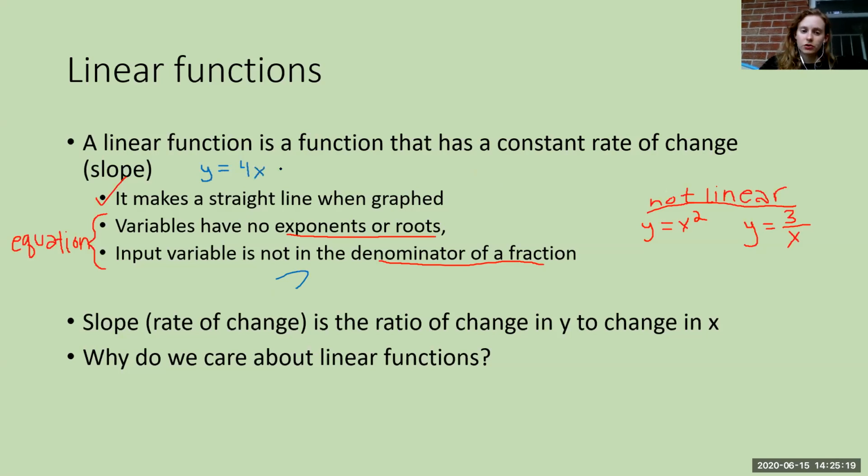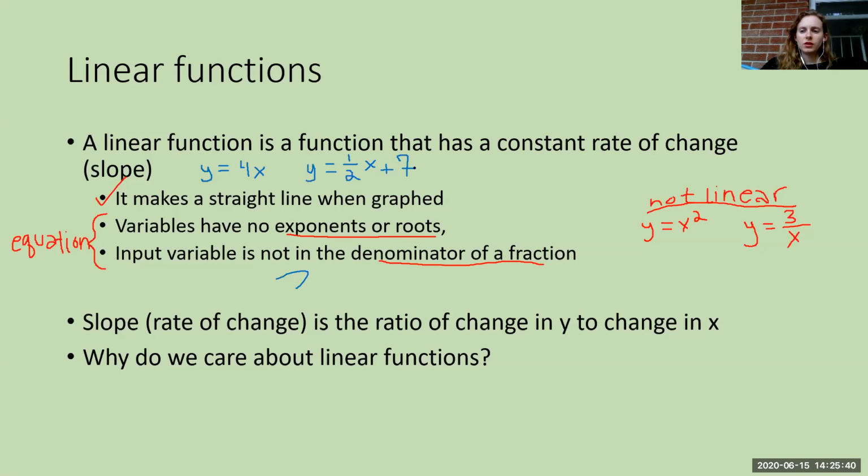That's a linear function. Y equals 1/2 x plus 7.